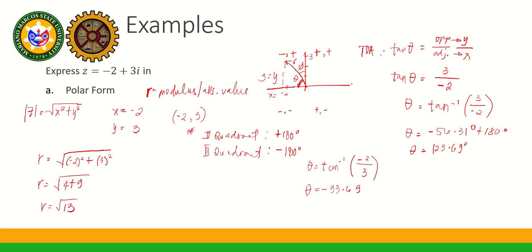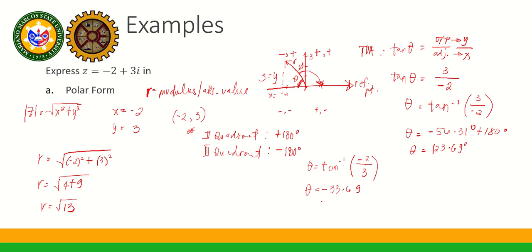Why? Kasi ito yung gagamitin natin na reference point. We measure the angle from the modulus up to here. So if we add 90 degrees, then that is the value of the angle here.